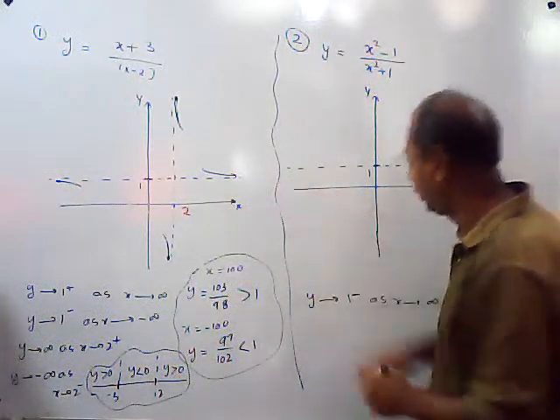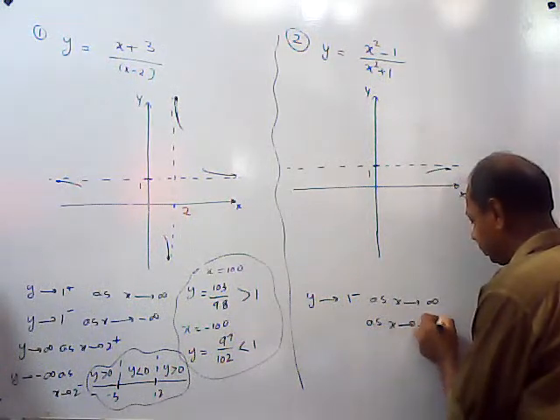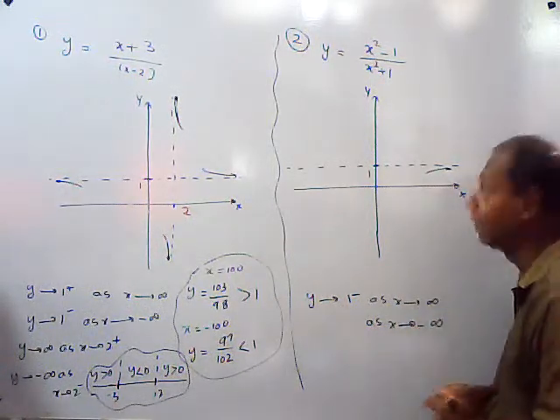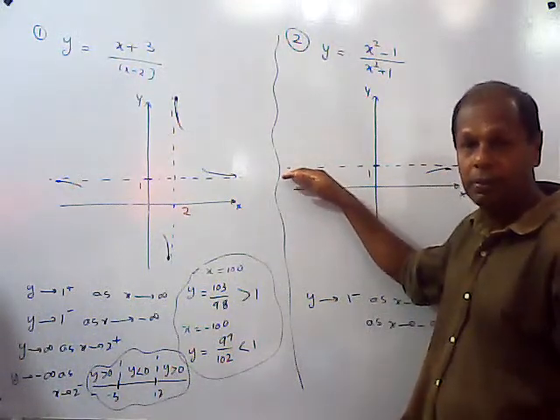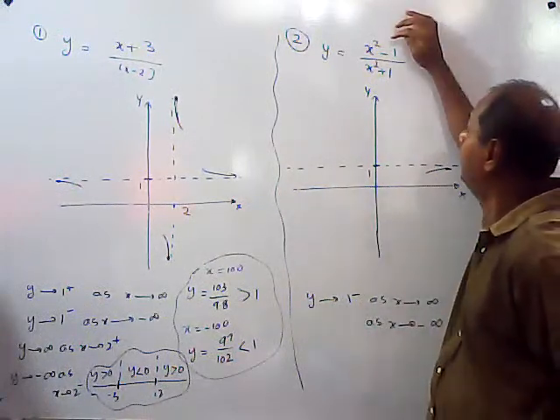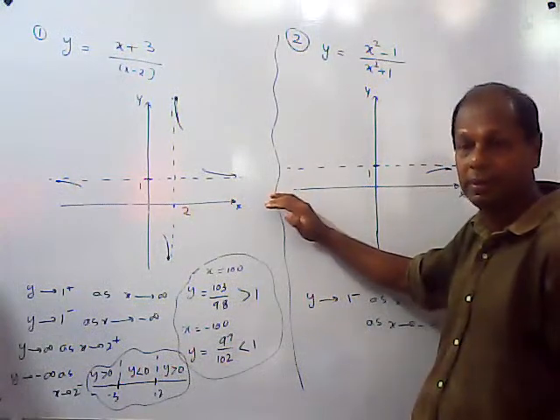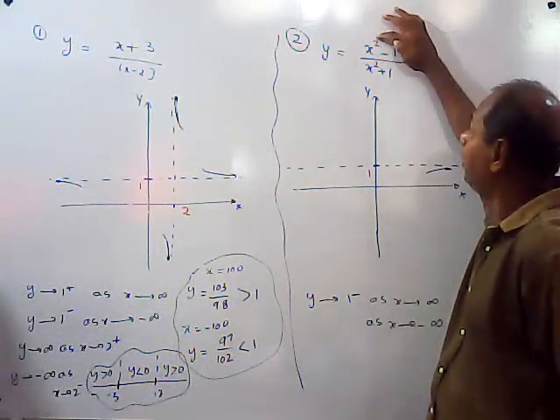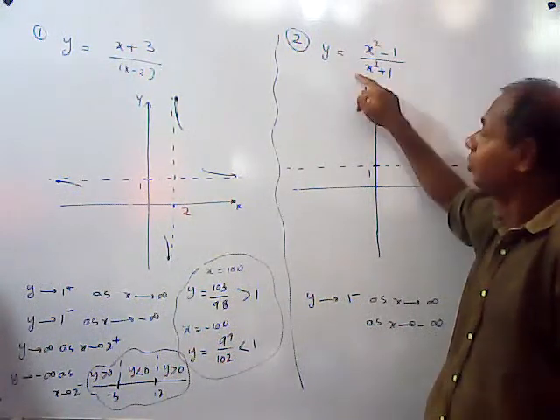As x goes to negative infinity, still y will go to 1. To check whether from above or below, we apply some big negative value, something like minus 100. Still x squared is positive: 100 squared minus 1 over 100 squared plus 1.